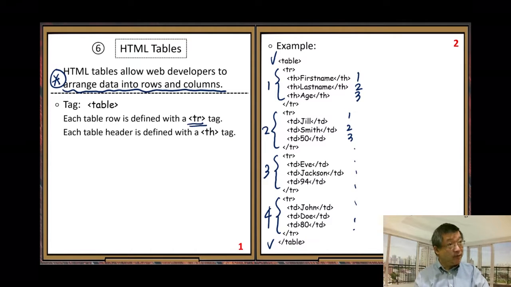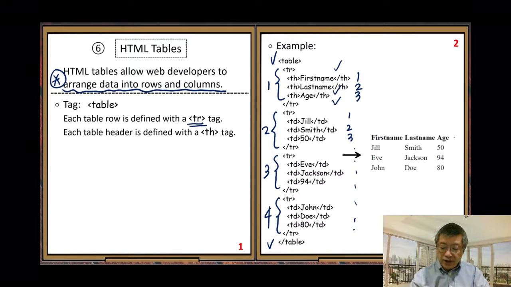Table header, sometimes you put a title header, the th tag. So here, first name, last name, age, that's the table header, right? So th. Here you can see that the table header is boldface, to make it look different from other elements.